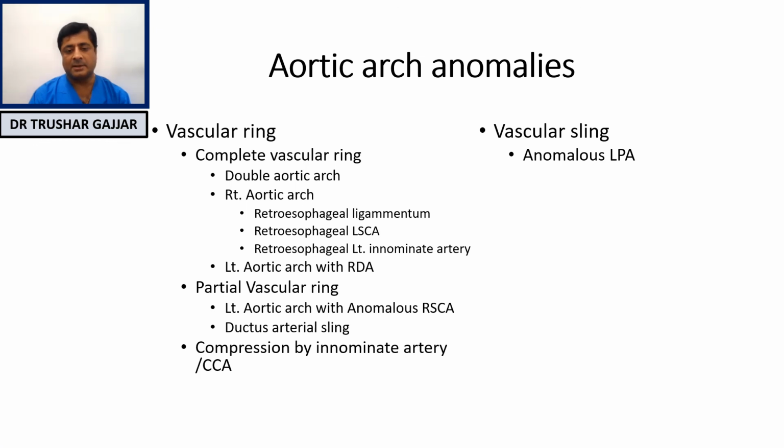The complete ring will be like double aortic arch or right aortic arch with anomalous left subclavian artery, anomalous left innominate artery, and retroesophageal ligamentum, or the left aortic arch with right PDA, right descending thoracic aorta. Partial vascular rings are left aortic arch with anomalous right subclavian artery or ductal arterial sling or compression by innominate artery. Vascular sling is anomalous left pulmonary artery.